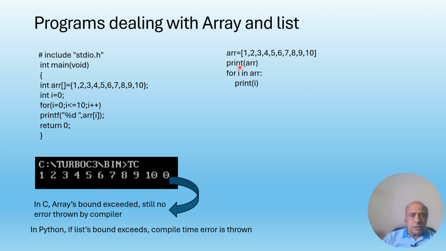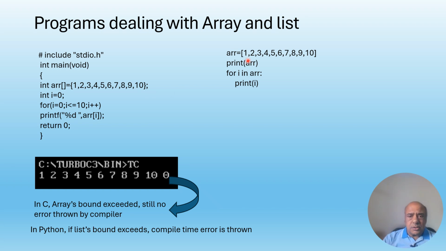In Python, we have again declared a list named ARR. Please note there is no mention of type or data type for this array. In C, the data which is to be assigned to an array is enclosed in curly braces.